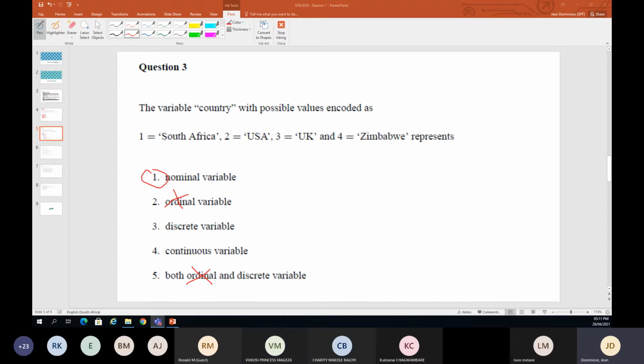If it was linked to something like that, to say South Africa has the most cases, USA the second most, UK the third, and Zimbabwe the fourth, then again it would have been ordinal because there was order in something. But for this, purely there's no meaning in the number, so it is nominal.